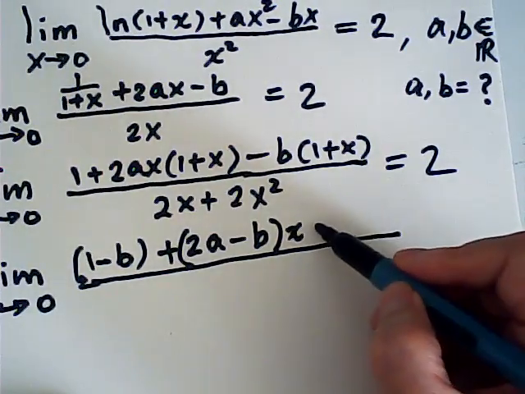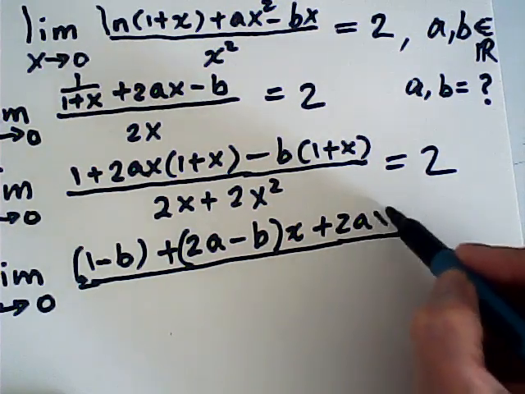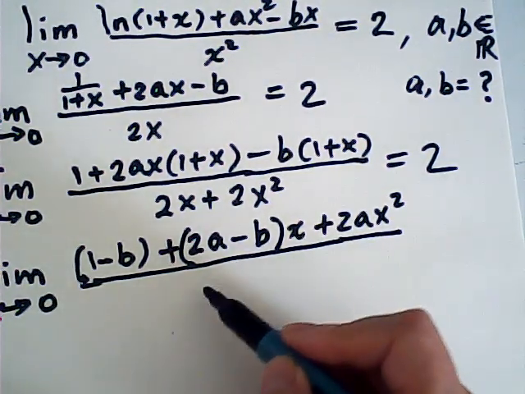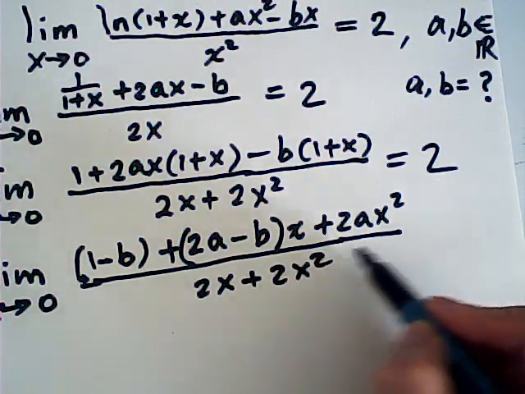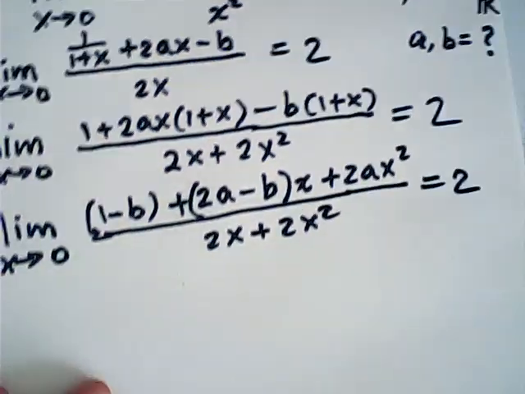Yeah, plus 2ax squared, and 2x plus 2x squared is equal to 2.